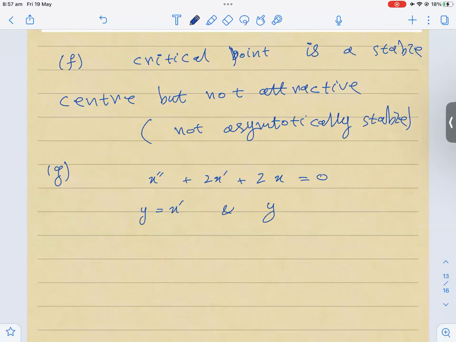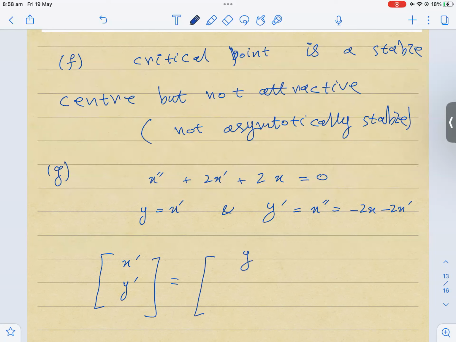And let's say y prime is x double dash, which is minus 2x minus 2y. From here, x prime and y prime equal y and minus 2x minus 2y.